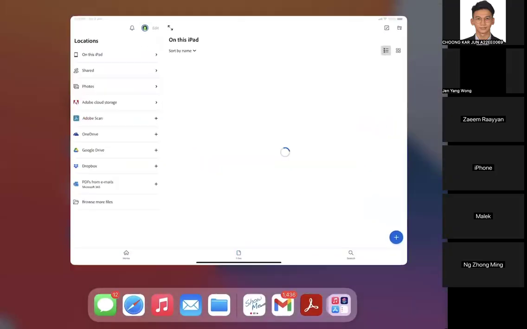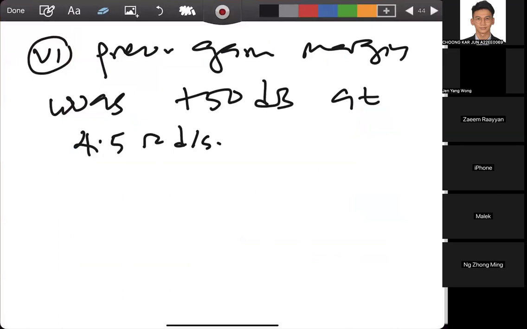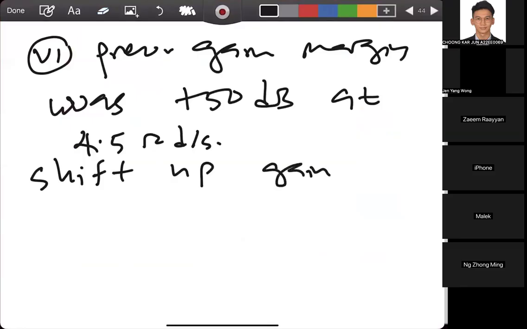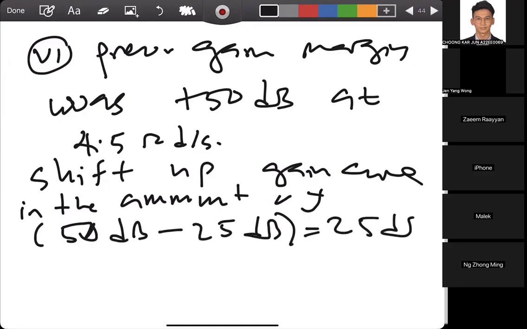Shift up the gain curve in the amount of 50 decibel, the old gain margin, minus 25 decibel, the new gain margin. So it is 25 dB.